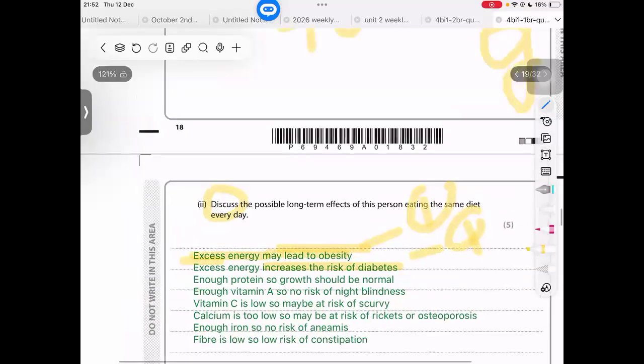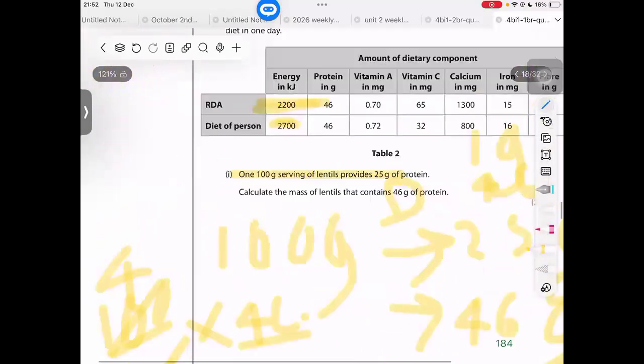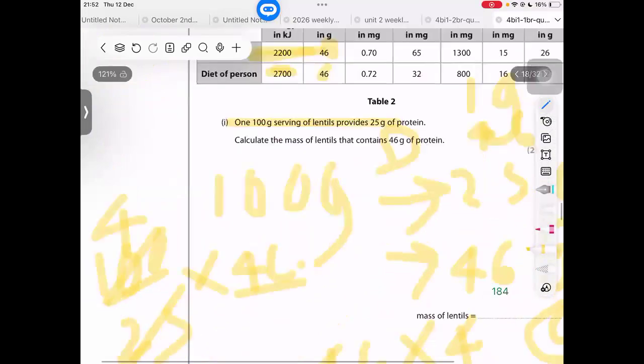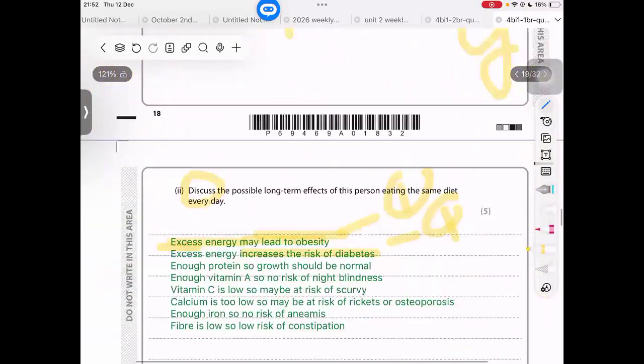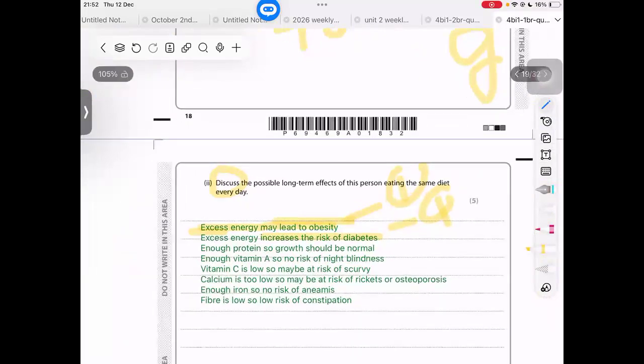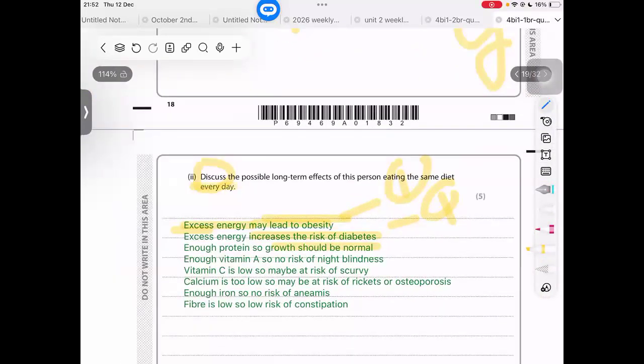Then compare the proteins. You can see 46. He's having the correct amount of proteins. So you are discussing it, right? So write that down as well. He's taking enough protein, so write your opinion: if he's taking enough protein, the growth should be normal. See, these words, discuss, explain, describe, are really important in your question paper.